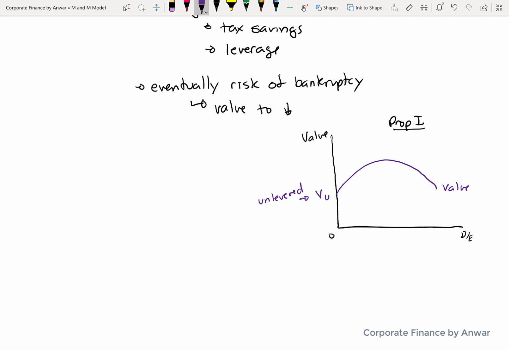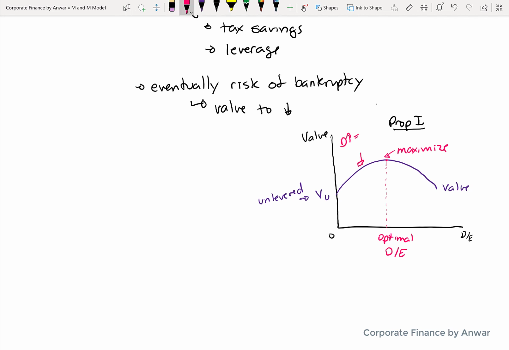And then it continues to increase because of the reasons we talked about above, that you're going to have a scenario where tax savings and leverage will add to the value of the company. And then it hits this optimal debt to equity ratio. After that point, the bankruptcy risk starts to creep up. So you want to be at the optimal debt to equity ratio because that's where the value is maximized.